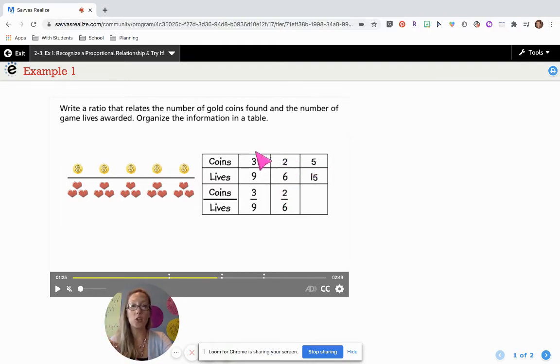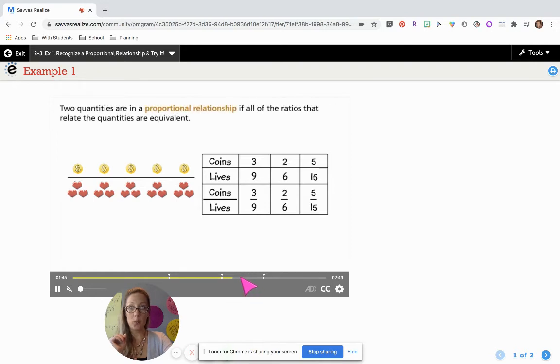Because we can use the information we have to get our unit rate. What is our unit rate here? Yeah, it's 1 coin gives you 3 lives. So you can use that to determine that 5 coins are going to give you 15 lives, and we can organize our information in this table to help us see that relationship. Beautiful.